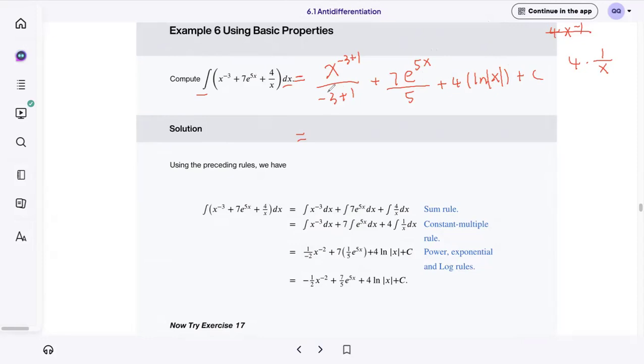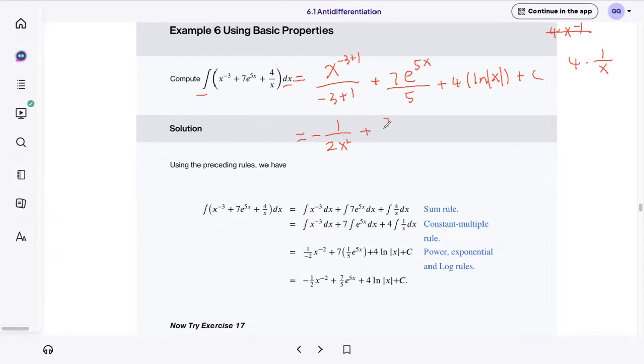So then let's simplify. -3 plus 1 is -2, so put a negative sign up front. But x raised to -2 goes to the denominator, so I have 2x squared. -3 plus 1 is -2, negative sign put up front, so I have 2 in the denominator, then the numerator x raised to -2, which is 1 over x squared.